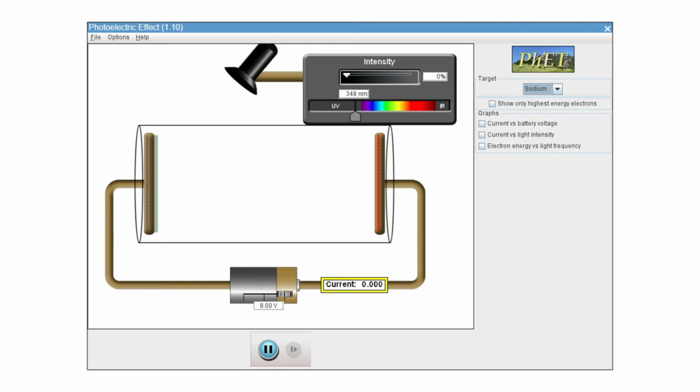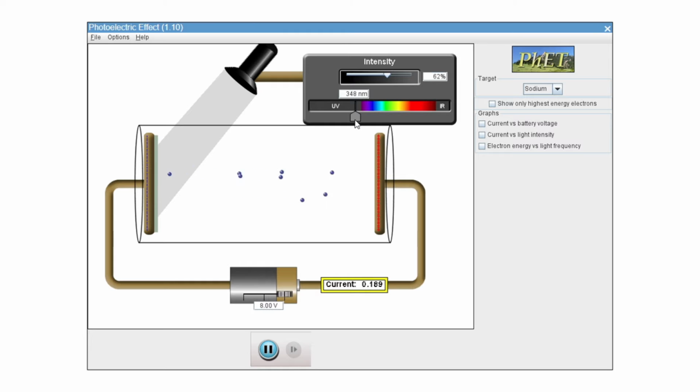So let's first see a wavelength which is less than 504 nanometer, at which sodium should show the photoelectric effect. If we increase the intensity, you can see that the current is increasing and we can see the photoelectrons coming. As this wavelength is less than 504 nanometer, the photoelectric effect is being shown.